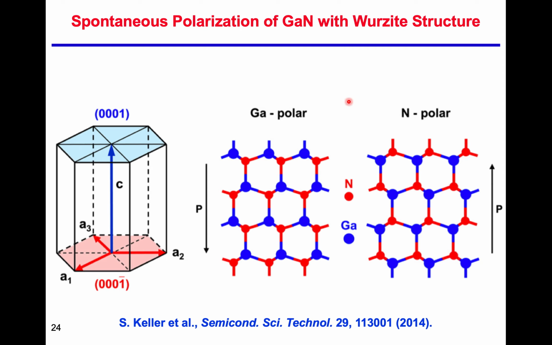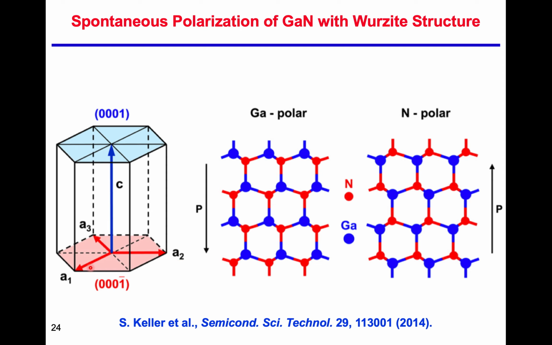Gallium nitride is actually not a conventional semiconductor, and it has many interesting characteristics. One of them is spontaneous polarization, especially for the wurtzite structure gallium nitride. It has a hexagonal plane on the XY plane, and also the Z direction.